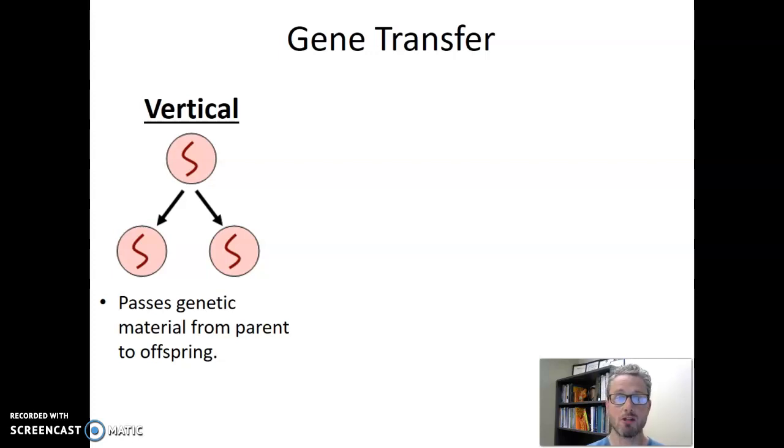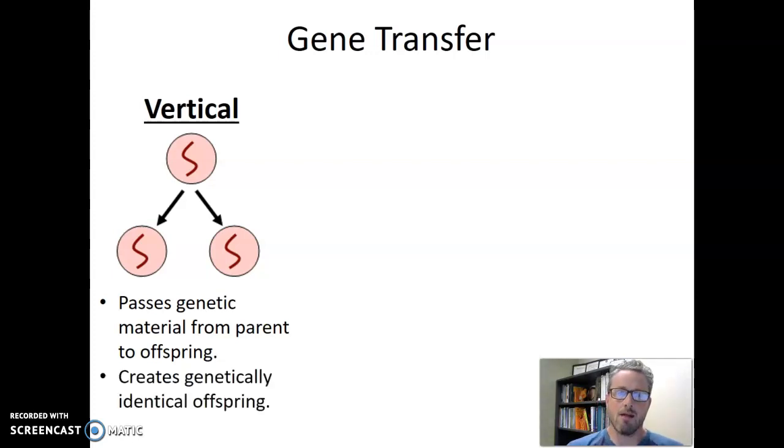This is the most common form of genetic transfer in bacterial populations, as it happens when bacteria reproduce. The thing about vertical gene transfer is that it creates genetically identical offspring.